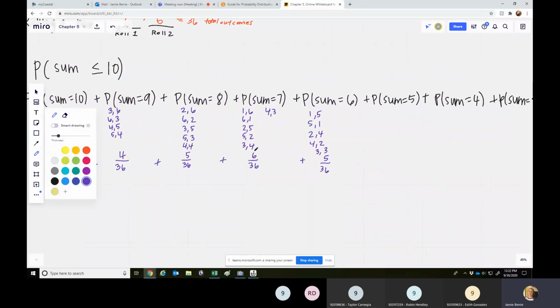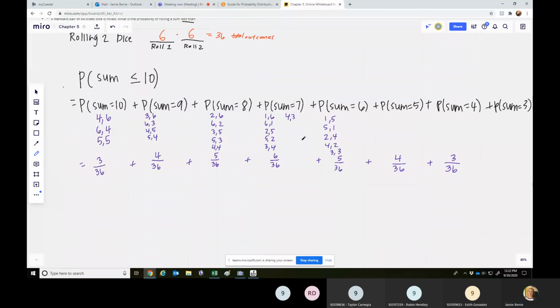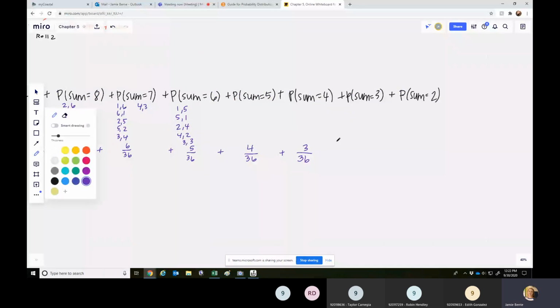This is pretty cool. You can make a little table. If you were in my quantitative reasoning class, you may remember the little table that we made that illustrates this pattern. But it goes 3, 4, 5, 6, and then starts to go back down: 6, 5, 4, 3, and then 2 out of 36, and then 1 out of 36.